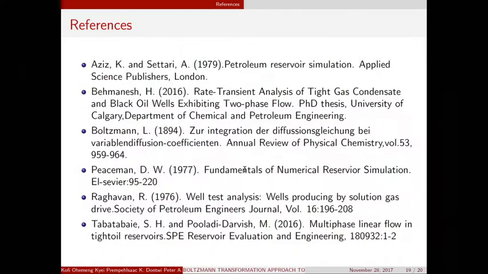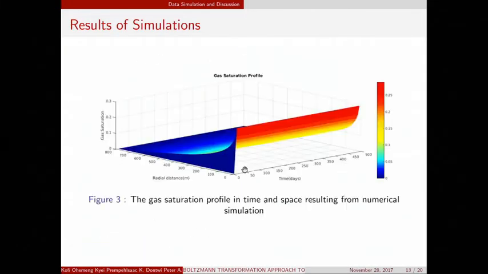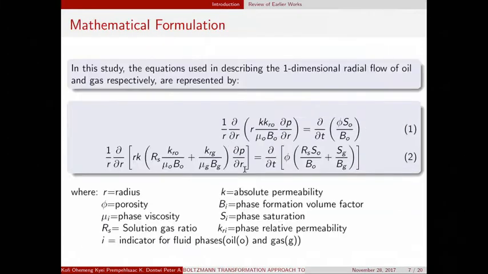So I've seen two equations, like you were modeling the flow of gas and the flow of oil. Doesn't that introduce two time scales of diffusion, and are you able to represent these two time scales in one Boltzmann transform?